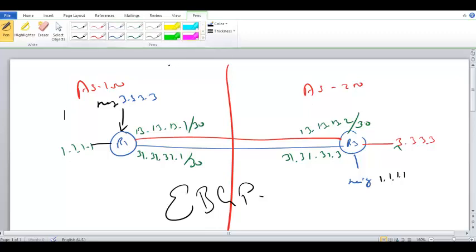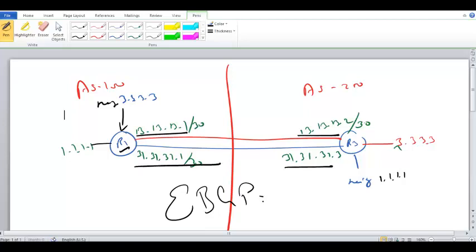Why? According to what you learned in the fundamental class, the eBGP neighbor needs to be directly connected. If you see in router 1, 13 is directly connected. 31 is directly connected.